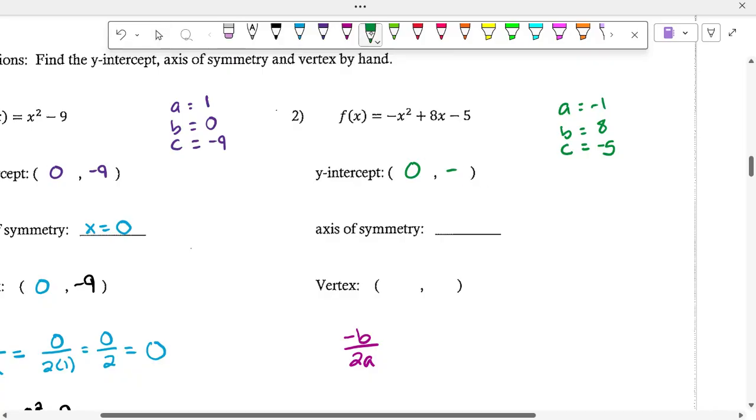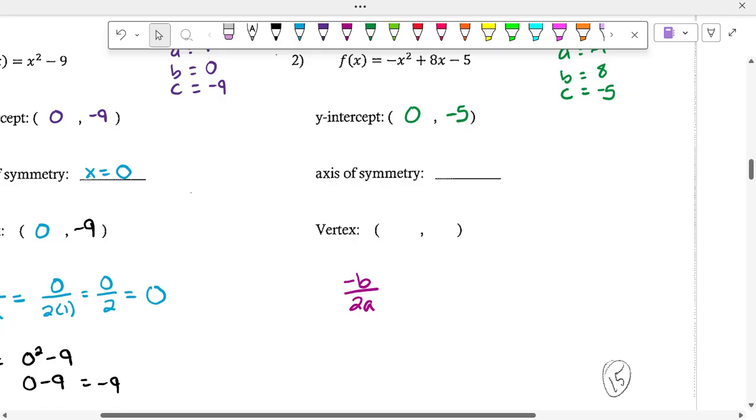Yeah, it's the point. All right, so take a minute and do -b over 2a to find the axis of symmetry.